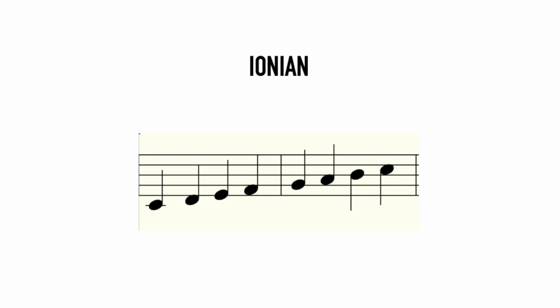And first up we have Ionian, which is the same as that C major scale that we've seen in earlier videos, made of C, D, E, F, G, A, B, and C. Now let's listen to how you might use it in a song.